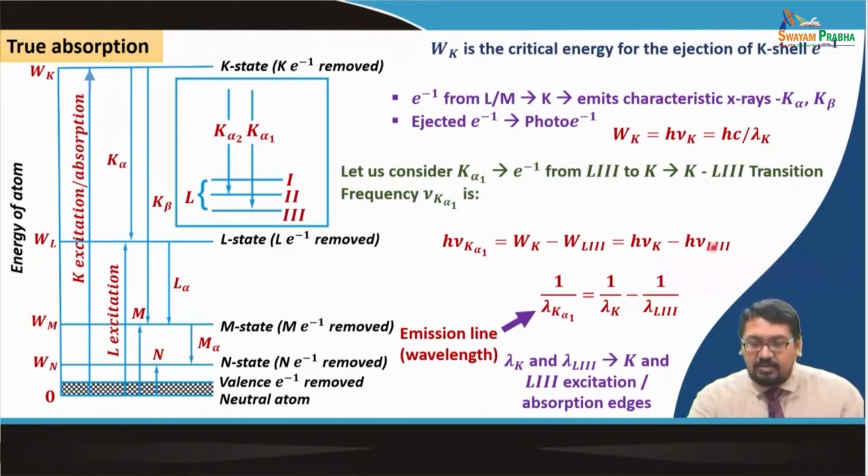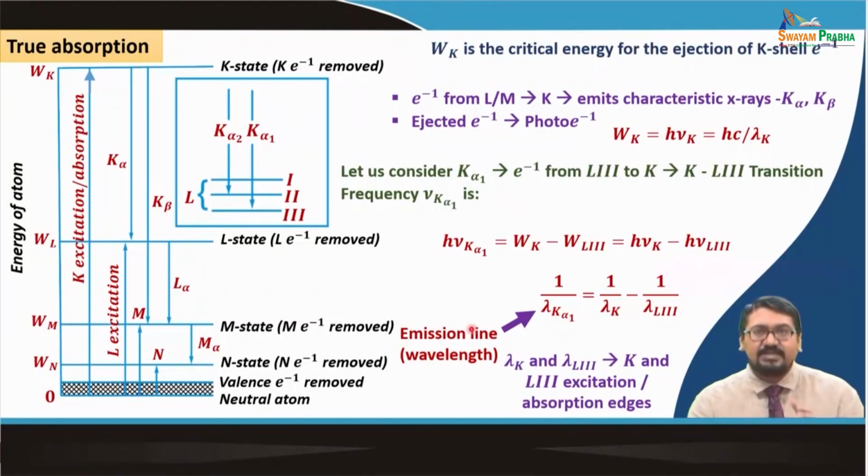So, if we get a relationship between the X-rays emitted from that particular element which is radiated, say copper X-ray is used to radiate nickel, as I said earlier, then the wavelength of this characteristic radiation, lambda k alpha 1, is given by 1 by lambda k alpha 1 equal to 1 by lambda k minus 1 by lambda L3.